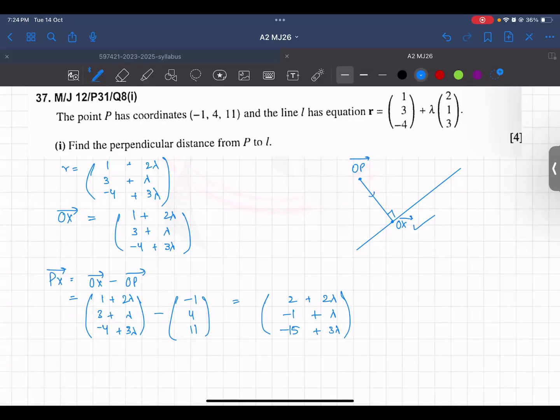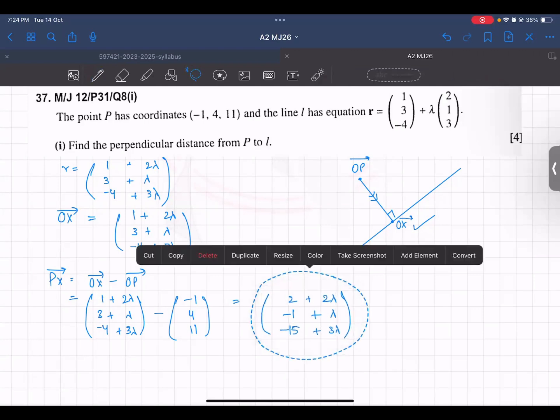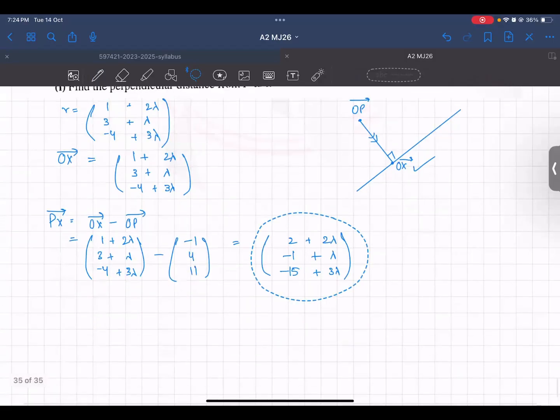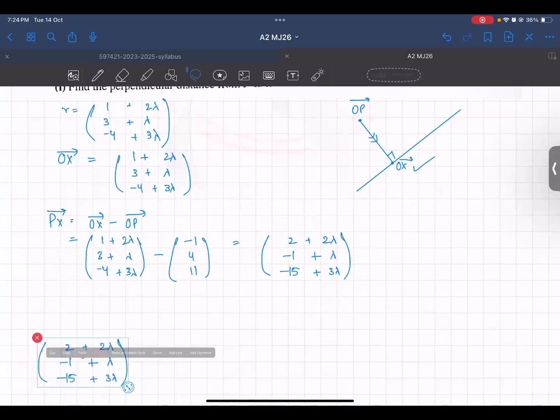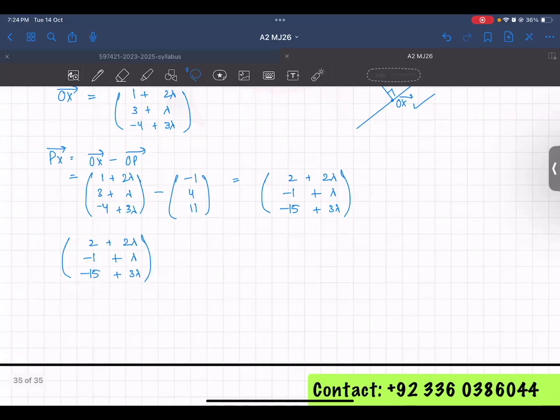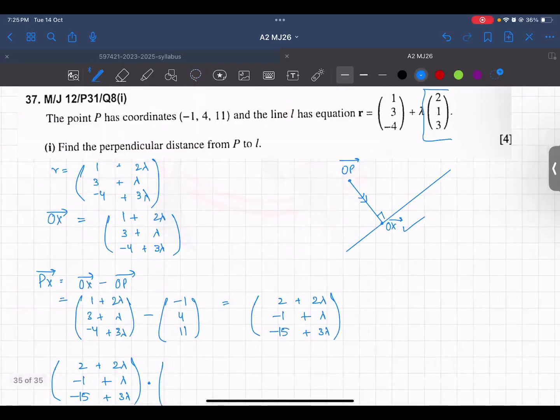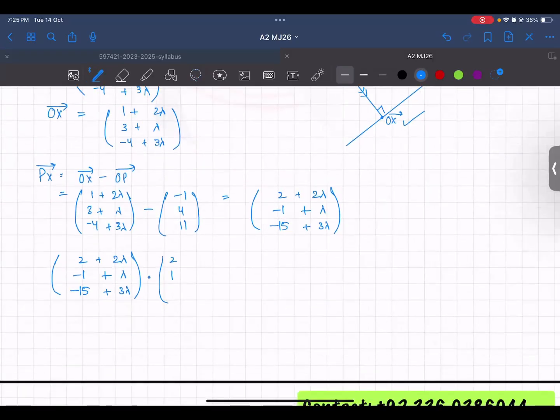Now this vector PX is dotted with the direction vector of the line. The direction vector of the line is the part with the parameter: 2, 1, 3. Because the line and PX are perpendicular, this would equal 0.